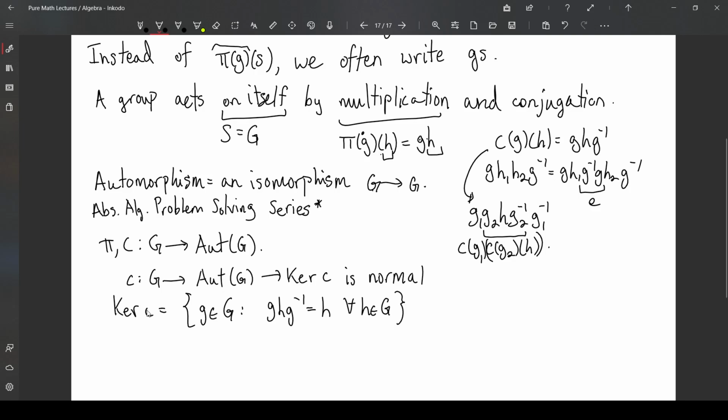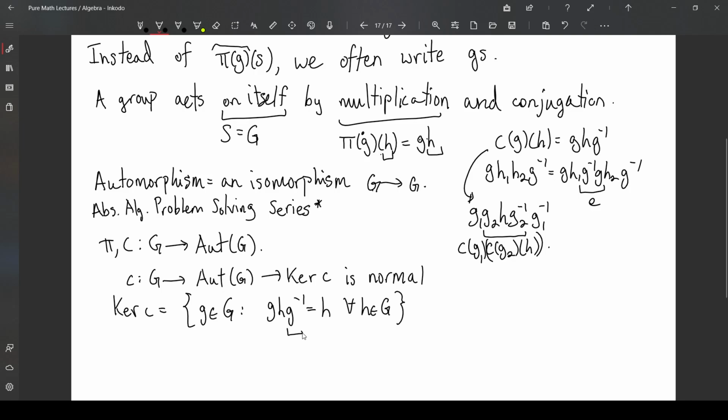Well, the kernel is the set of group elements in our domain which map to the identity. The identity automorphism just means whatever goes in, which is my h, comes out. So the kernel is the group elements which, when I conjugate, I always get the same thing back.